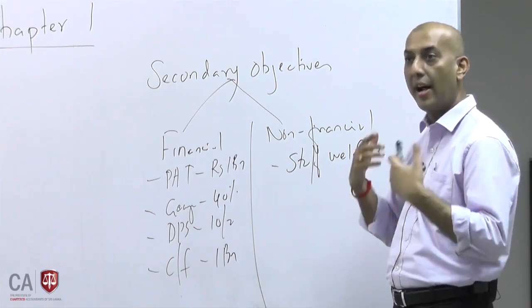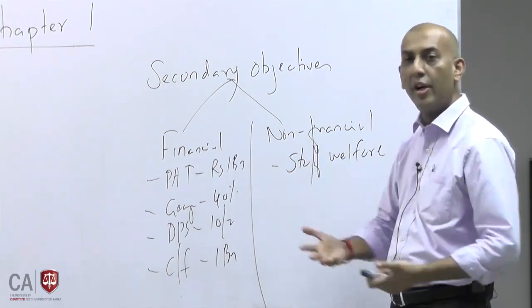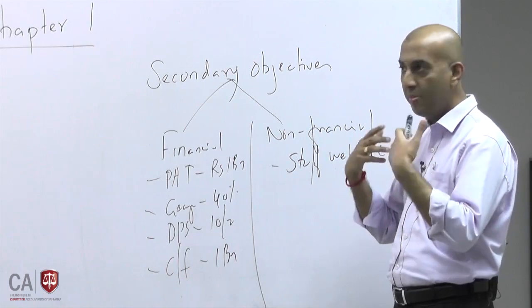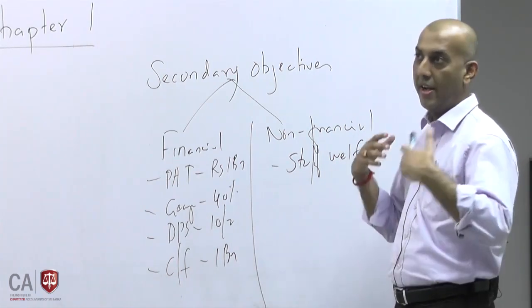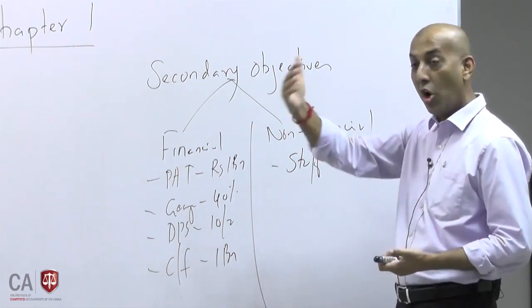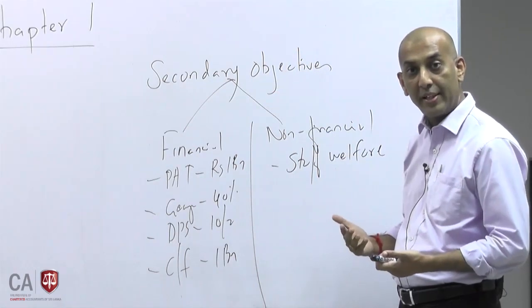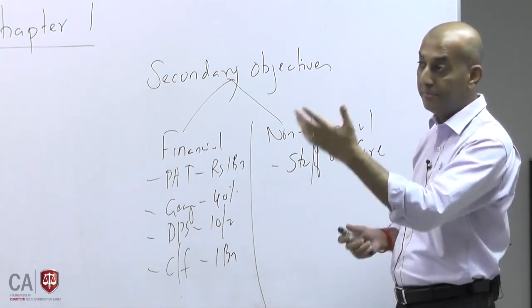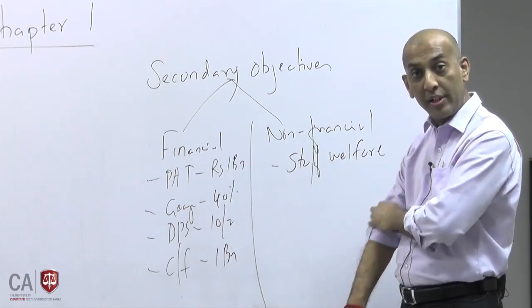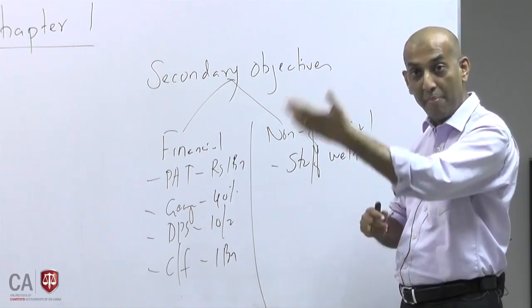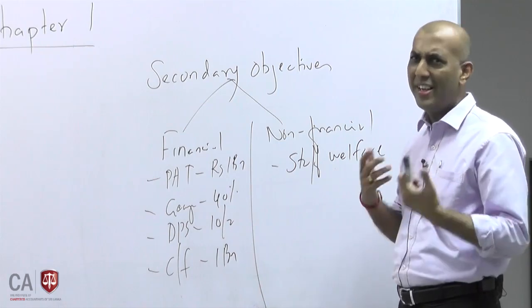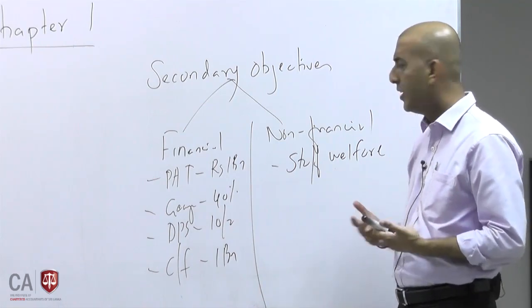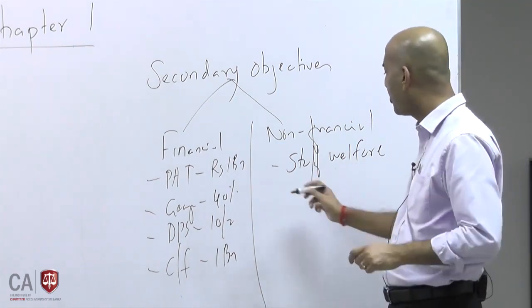Not only salary, there are other things they look after. They have given me good working conditions, an insurance scheme, and certain longer term benefits on a regular basis. I have also been given staff loans at times, and there is grievances handling, so there are people to talk to. So there are various benefits you can look after. Staff welfare is non-financial.